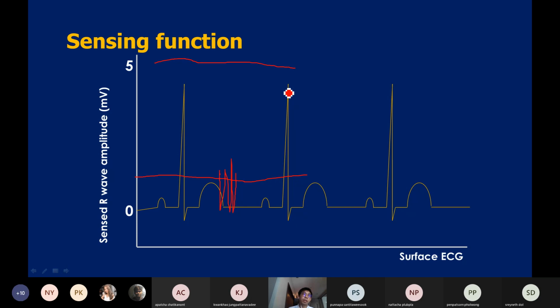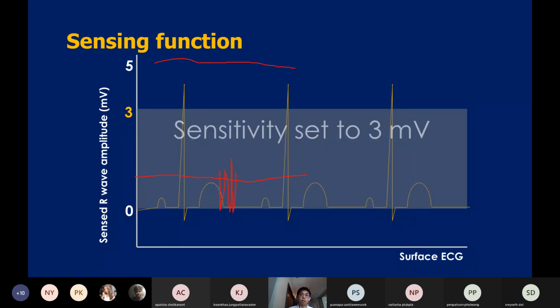And for the setting of the pacemaker, we would set the sensitivity in the middle, not too high and not too low.